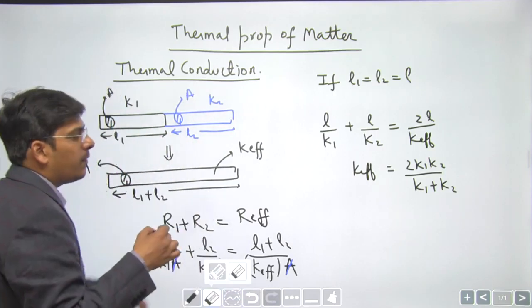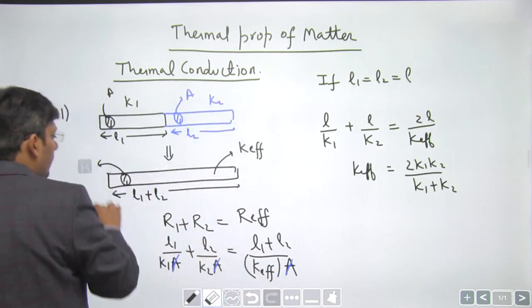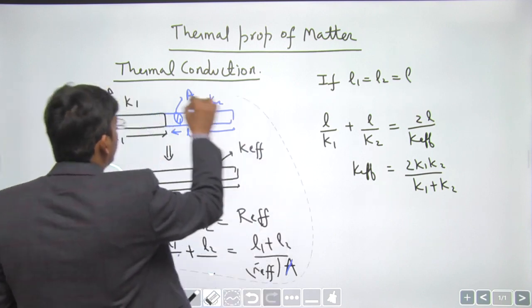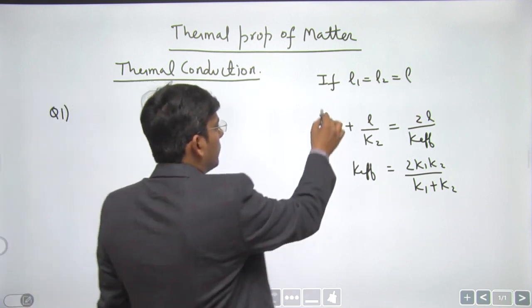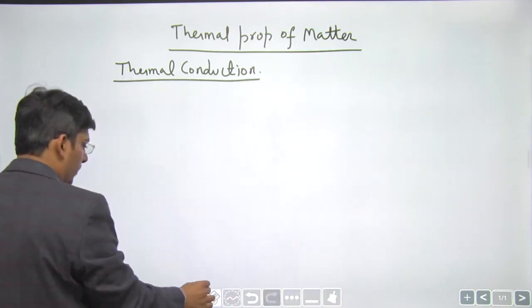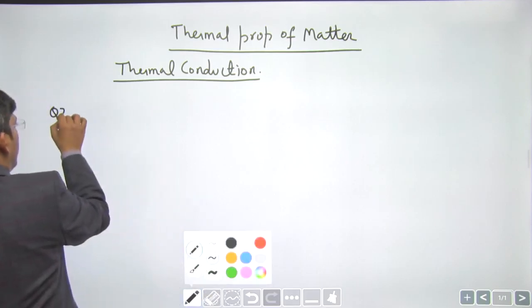We can again have the effective value of K for parallel grouping. Let us discuss it for parallel grouping. Next question.